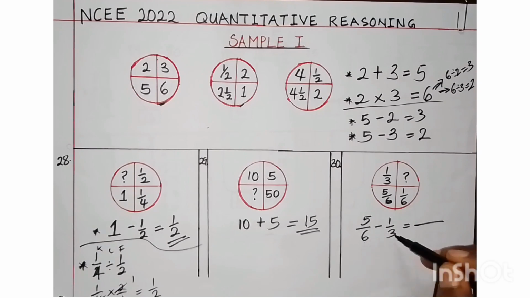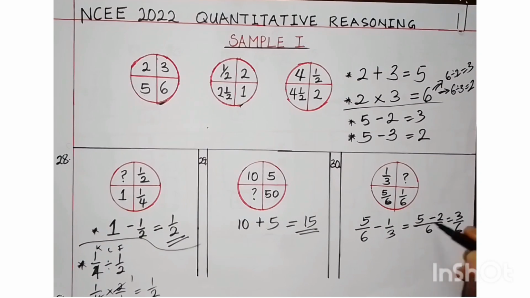The LCM of 6 and 3 is 6. So 6 goes in 6, 1. 1 times 5 is 5. 3 goes in 6 twice. Then 2 times 1 is 2. So you have 3 over 6. 5 minus 2 is 3, and that's over 6.